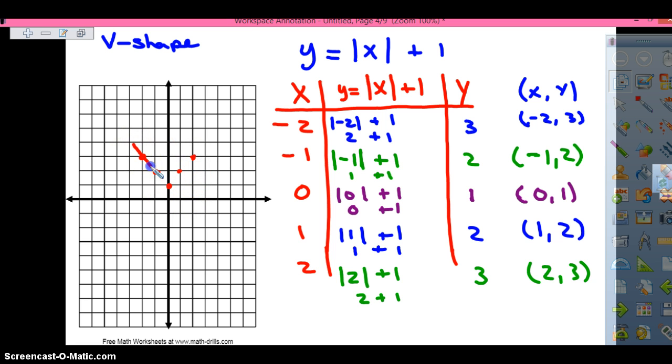Do you see how the graph has a V shape? Anytime there's an absolute value in the function around the x, the graph will be a V shape.